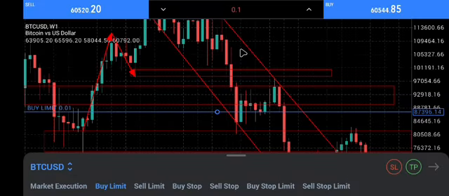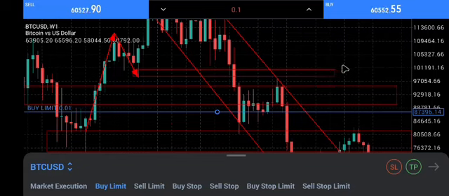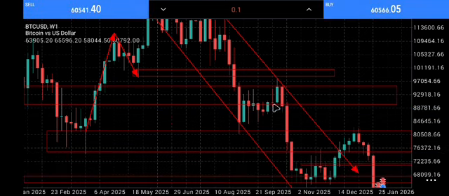Then you have a buy limit. When you click this buy limit, you are simply explaining to your broker, and I'll explain about brokers sometime later, that you are going to put a limit order, right?